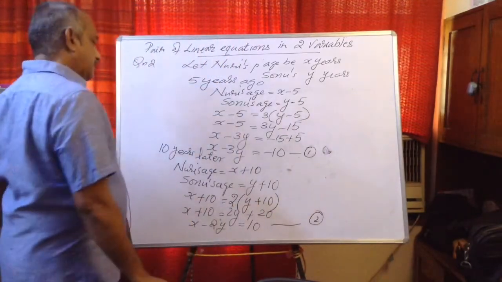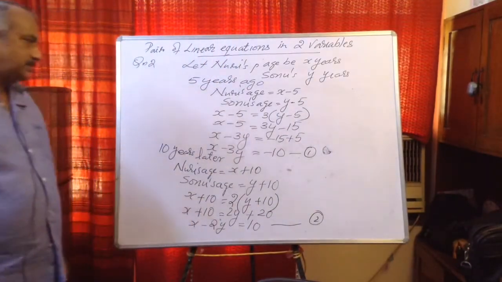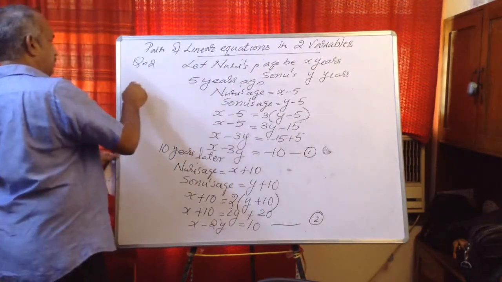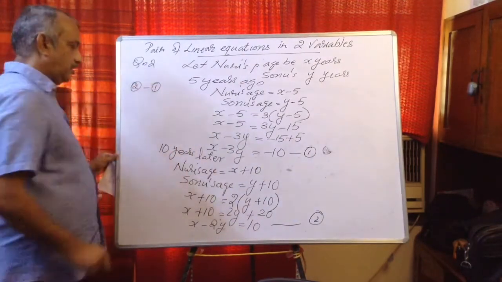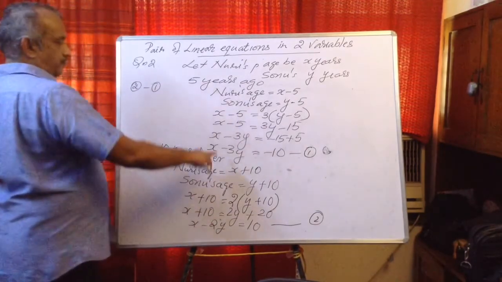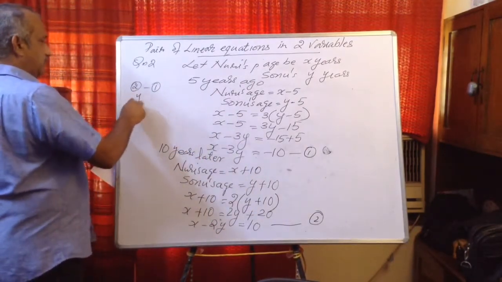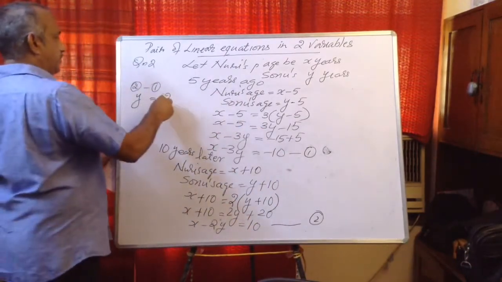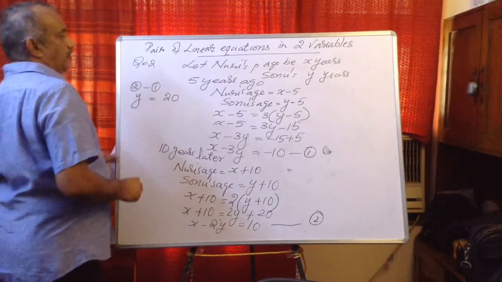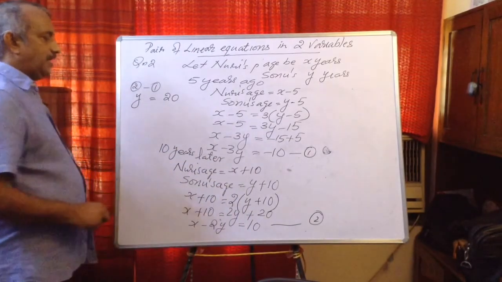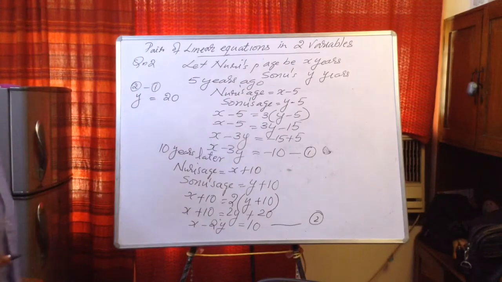Now directly we can do it, because the coefficient of x is the same. So I am going to subtract equation number 2 minus equation number 1. x minus x cancelled. Minus 2y plus 3y is y, equal to 10 minus minus 10, which is 20. So we will get y is equal to 20. Now put it in any one of the equations and you will get the value for x.